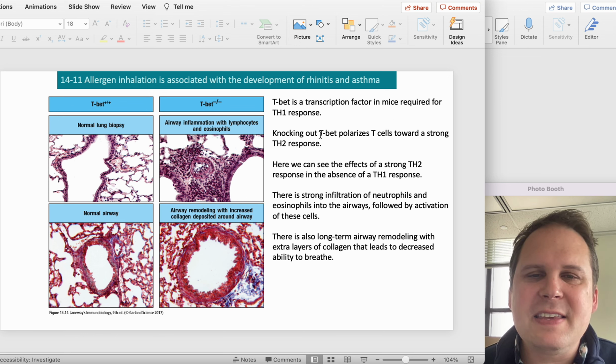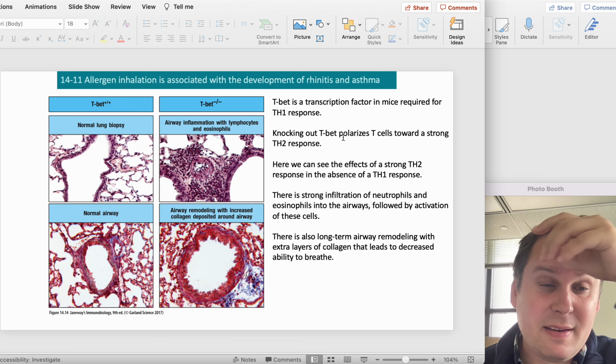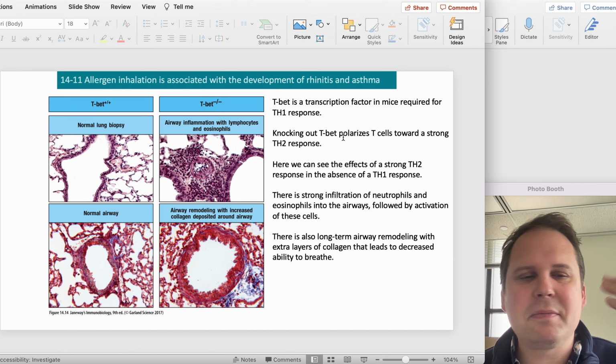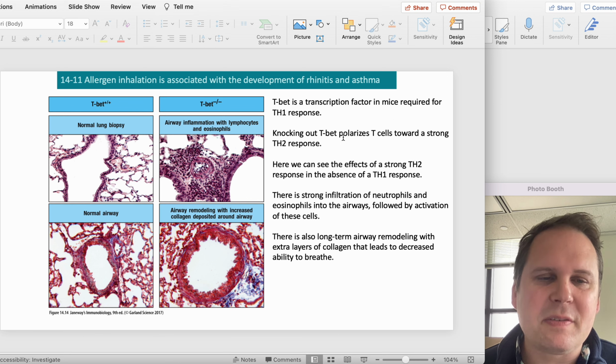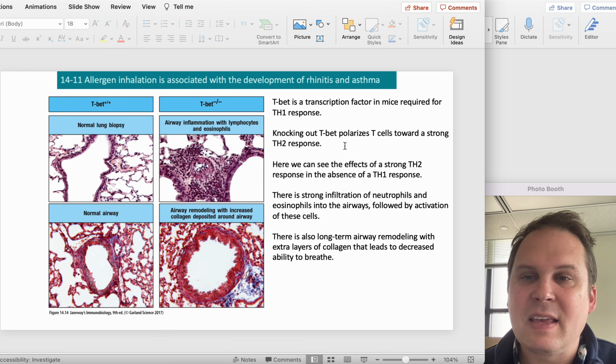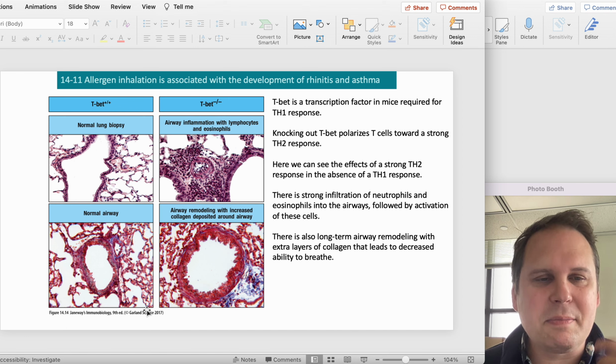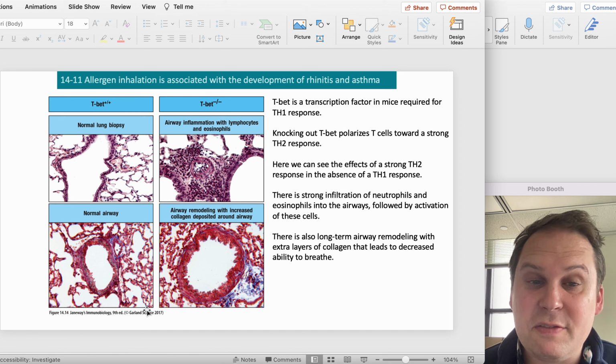There's a protein called Tbet in mice, and Tbet is a transcription factor that they have to make that drives a Th1 response. So think natural killer cell type response, interferon gamma producing response. If you have Tbet, then whatever they expose them to, these allergens, they essentially have normal airways because they're not making a strong antibody response, which is going to come from Th2.